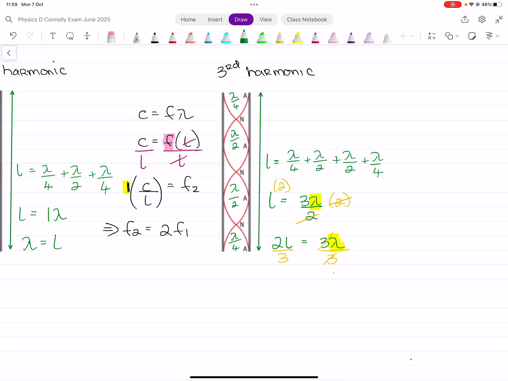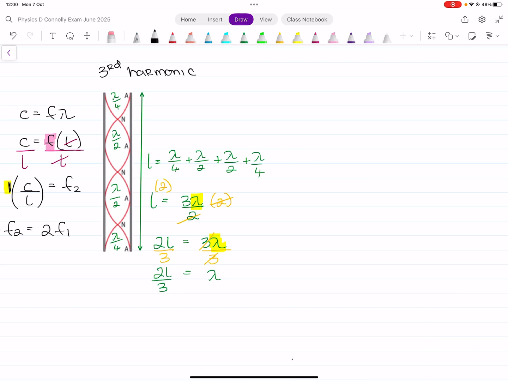So lambda is 2L over 3. Okay, then we go over here and we do C equals F lambda. So C equals F times 2L over 3. I'm trying to isolate F. So I'll multiply by 3 to get rid of the divide by 3 and multiply by 3 to balance.